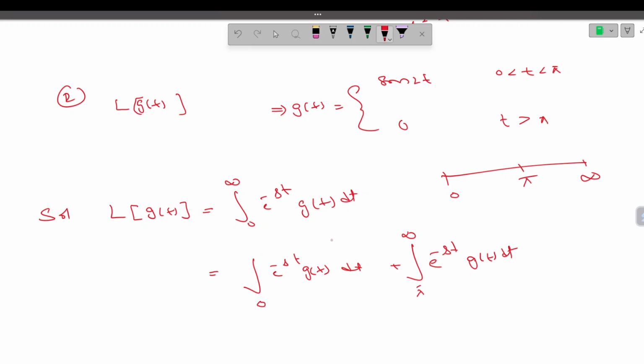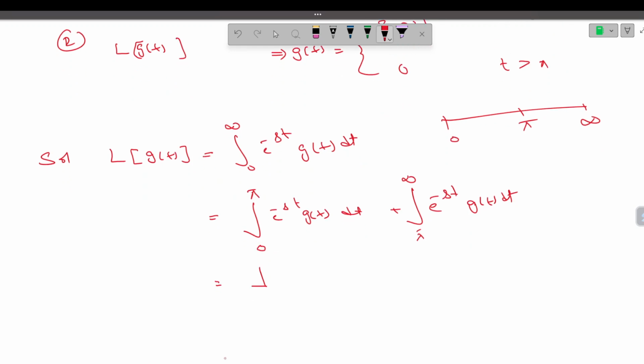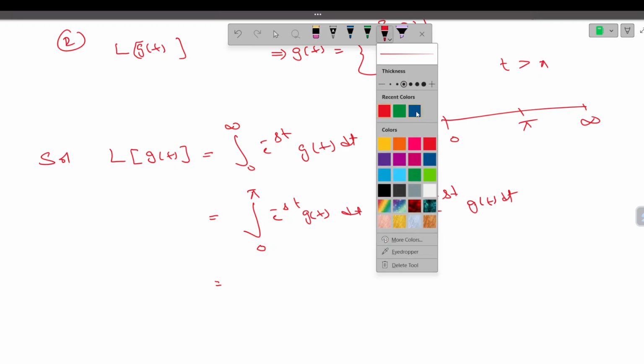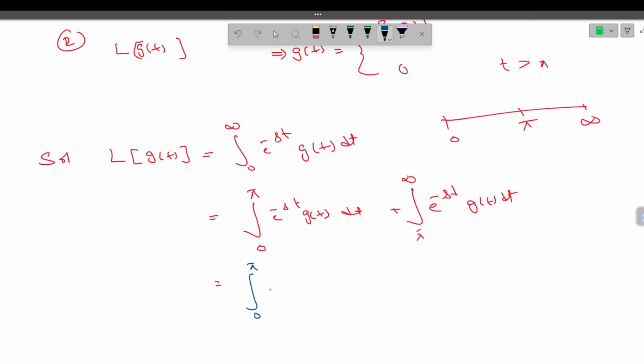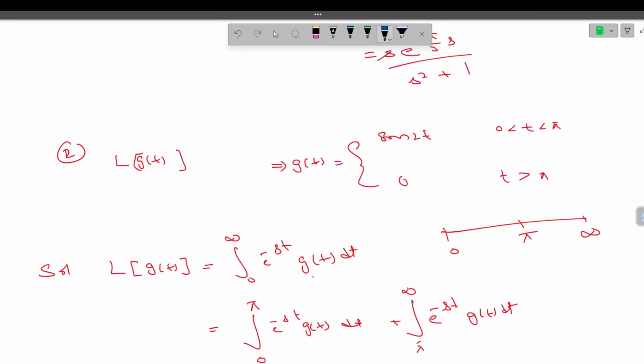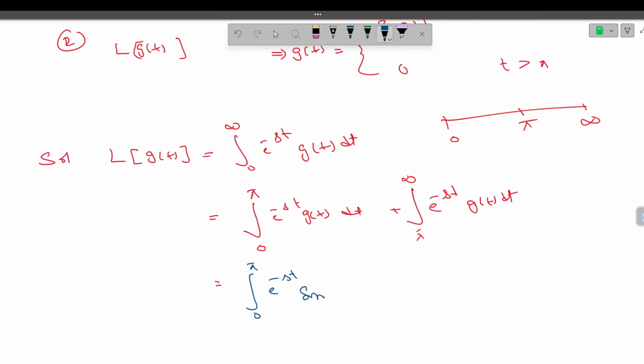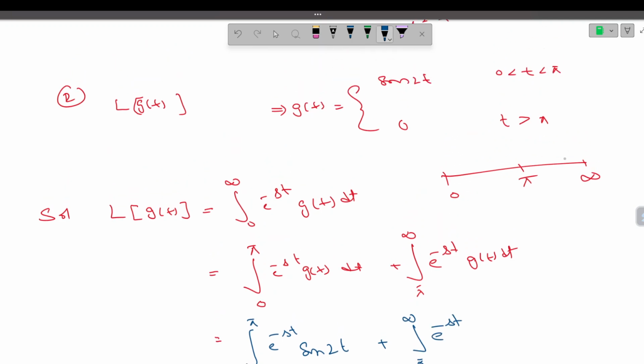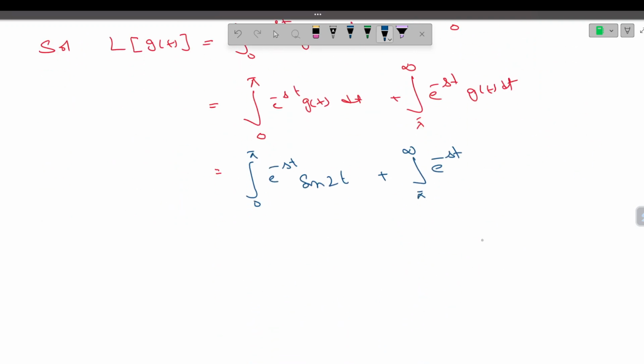Here the first interval is 0 to pi, and the second is pi to infinity. Integration from 0 to pi of e to the power of minus st, and our function is sine 2t, plus the integral from pi to infinity of e to the power of minus st, where our function for t greater than pi is 0. 0 into anything is 0, so this becomes 0.